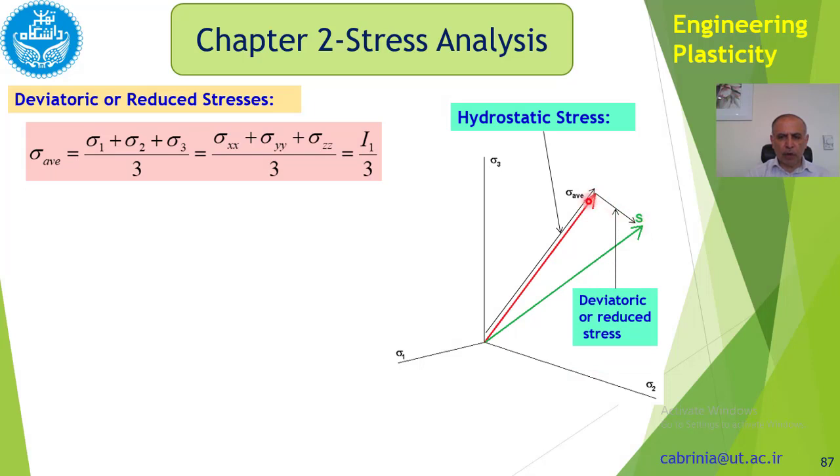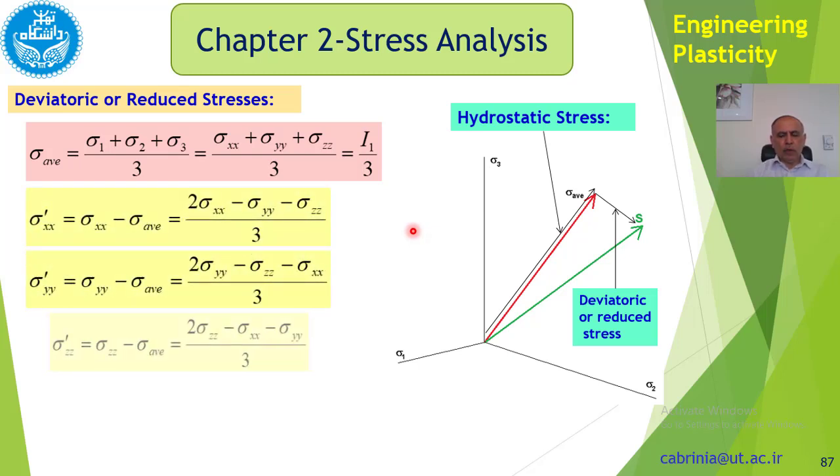For instance, we could have one component along the hydrostatic direction, which is the hydrostatic component of stress, and one component which is perpendicular to this hydrostatic pressure. So we've got one component along this direction and one component perpendicular to it. Now S to the power of 2 is this one to the power of 2 plus this one to the power of 2. Okay?